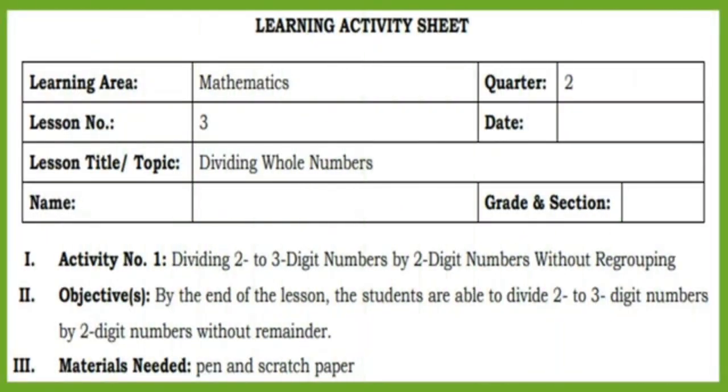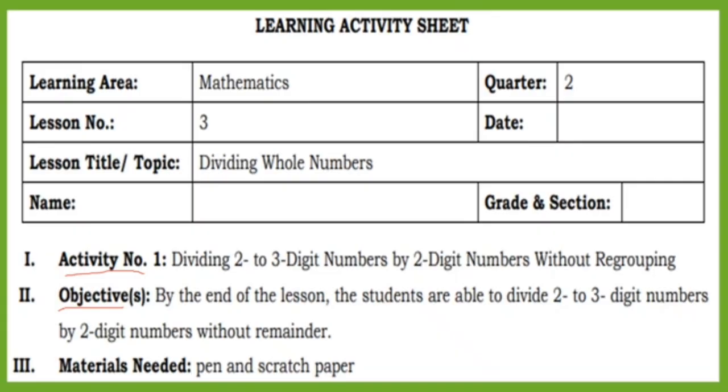Let's have the learning activity sheet. Activity number 1, dividing 2 to 3-digit numbers by 2-digit numbers without regrouping. Objectives: by the end of the lesson, the students are able to divide 2 to 3-digit numbers by 2-digit numbers without remainder.